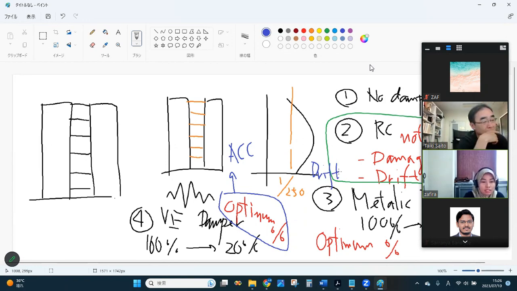The one that we discussed previous week, that the drift is less than the limit, but there's a little bit more. That one is we optimize the locations. No. I'm talking same damper along the height. I think you have done before. And also this is same damper along the height you have done before.